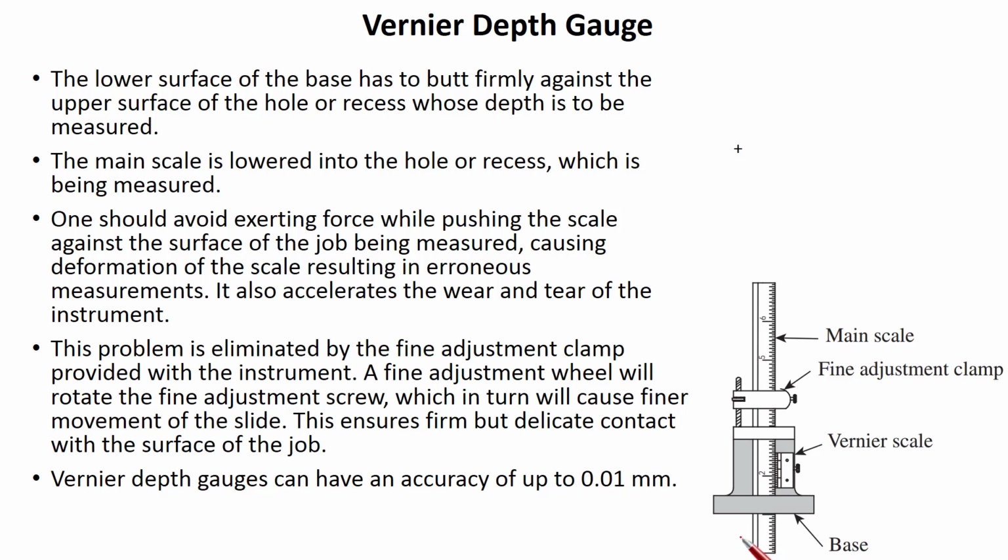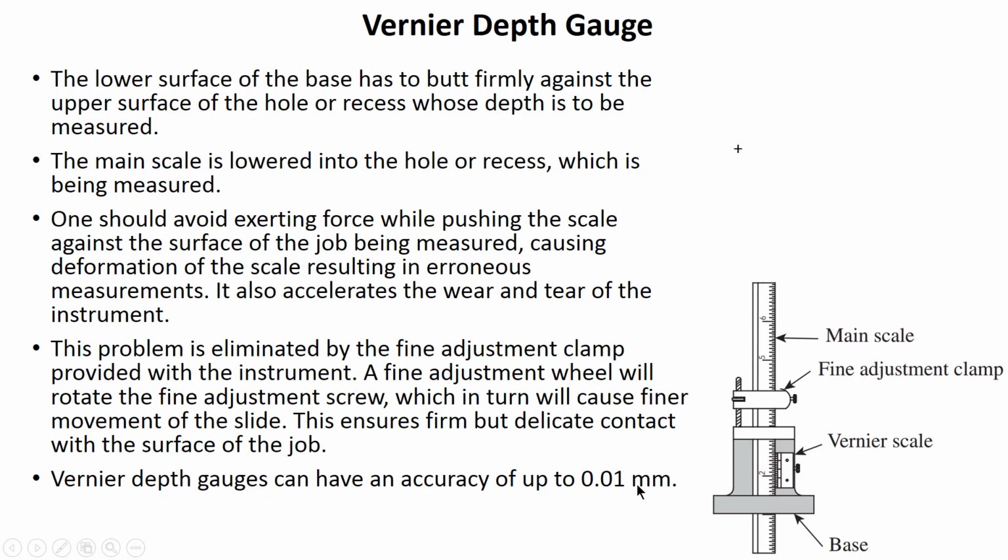As soon as it touches the surface of the job, you can stop there. Otherwise, if there is a very hard contact between the scale and the bottom of the hole, then there is a chance of breakage in the main scale. Its accuracy is up to 0.01 mm.